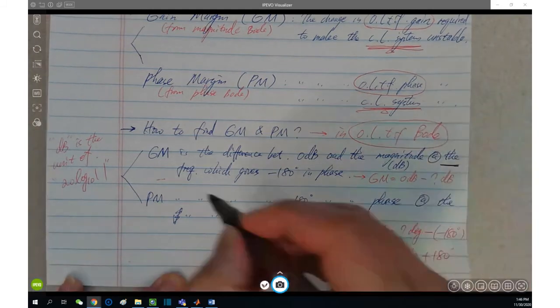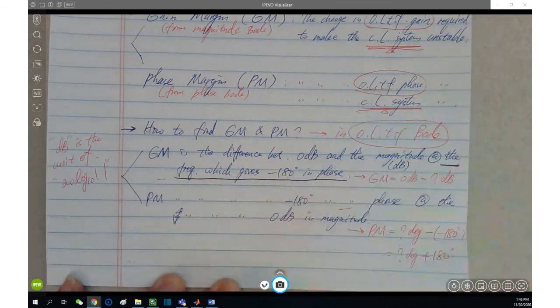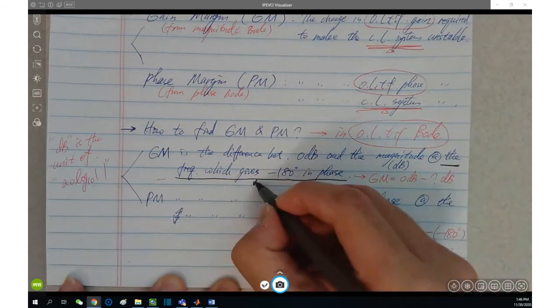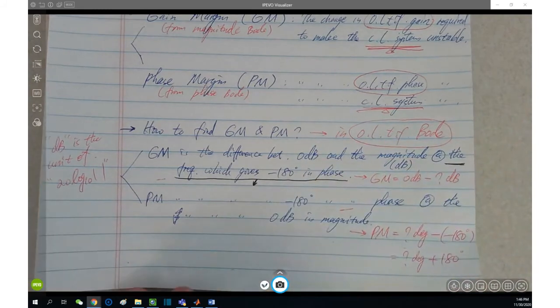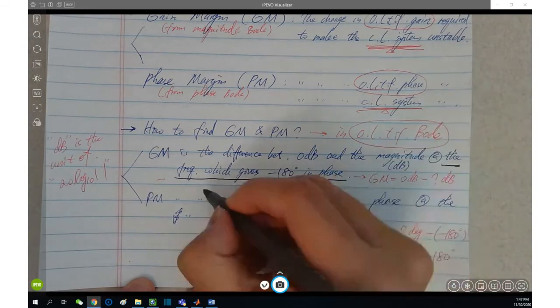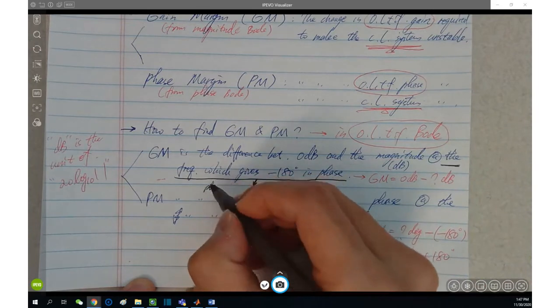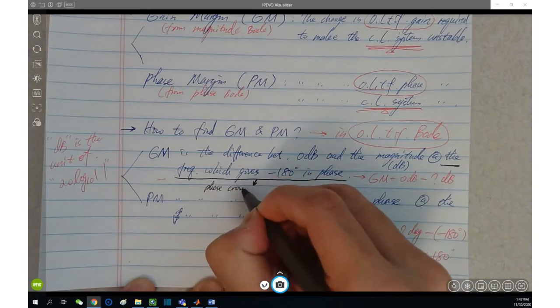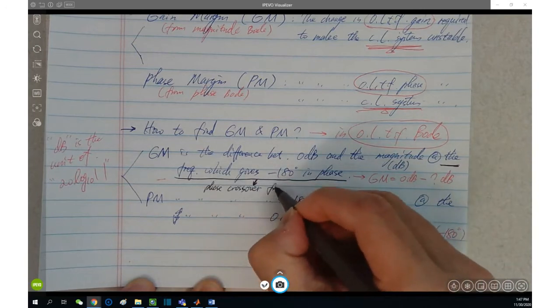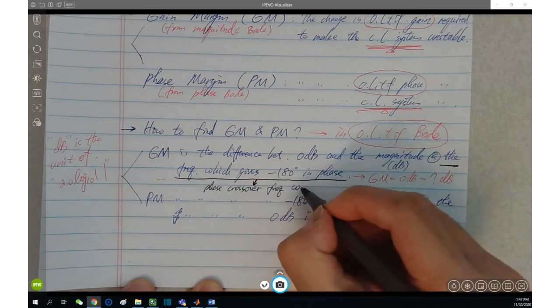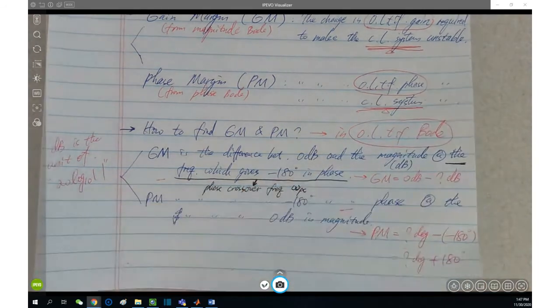The frequency that gives you negative 180 degree in phase is called phase crossover frequency, omega PC.